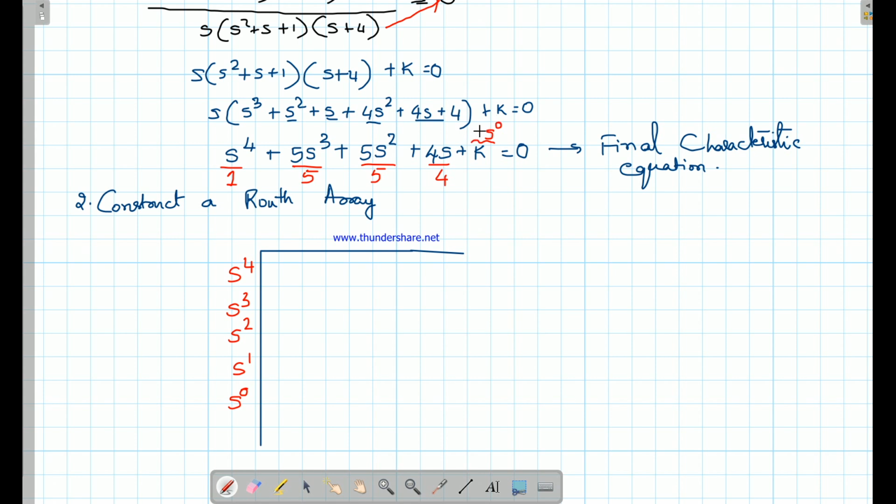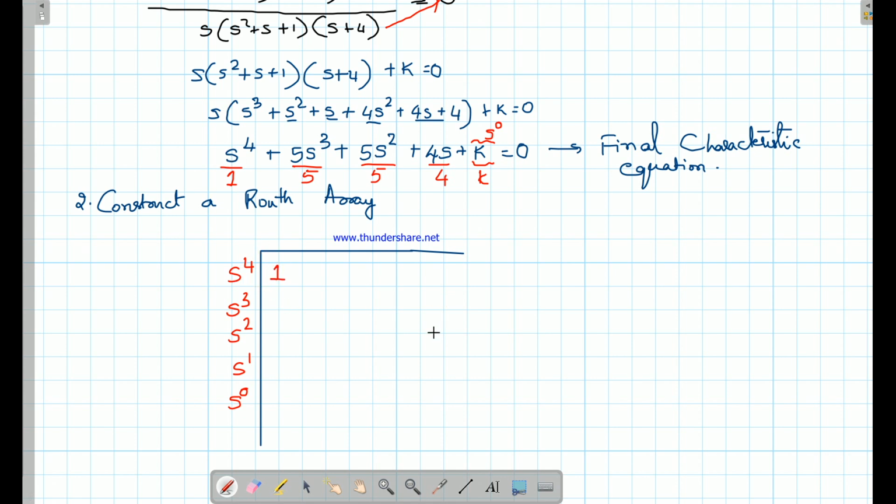We know that anything power 0 is 1. So the coefficient of s power 0 is K. Okay, so now we need to enter these coefficients in the Routh array. So when we are entering here, the s power 4 coefficient is 1.